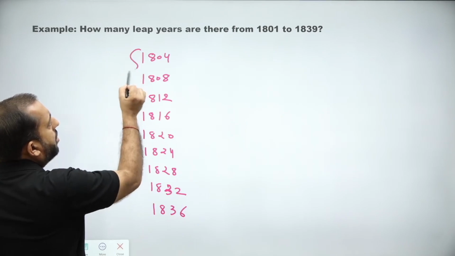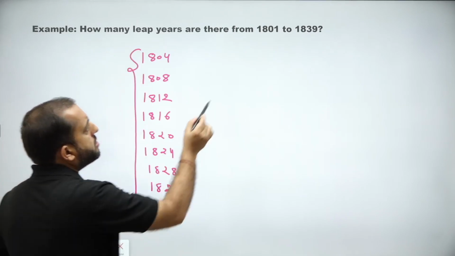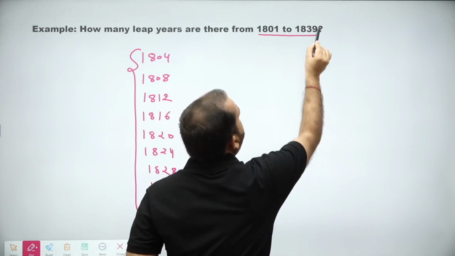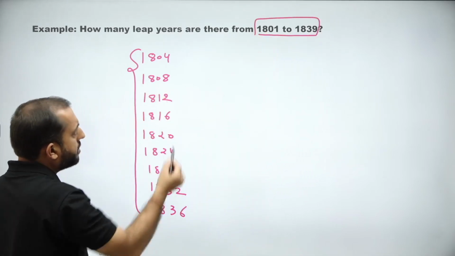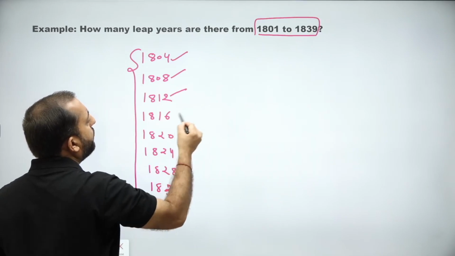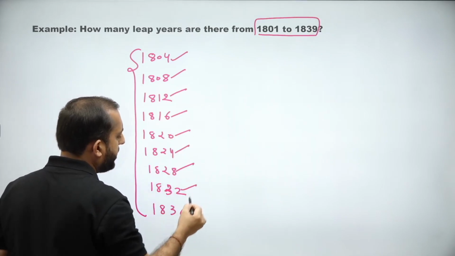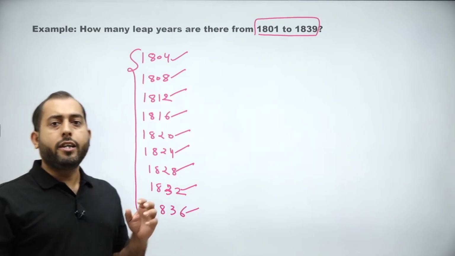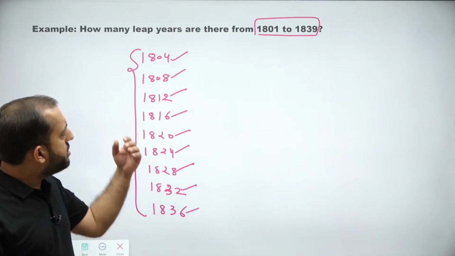So these are the leap years that are falling in this range. So how many leap years are these? 1, 2, 3, 4, 5, 6, 7, 8, 9. So there are 9 leap years. So this is the manual way.